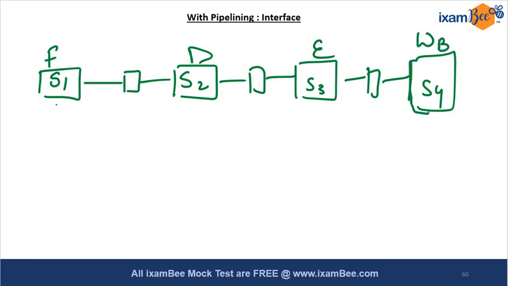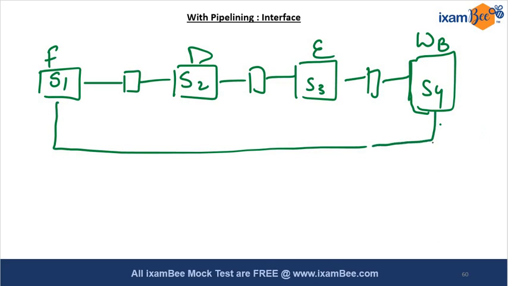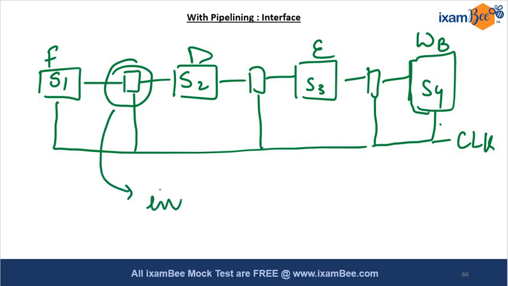Now these are all connected to the clock. They are synchronized because we want things to be in a synchronized manner. That's why they are all connected to a clock. In between all these stages, we are going to have the interfaces.